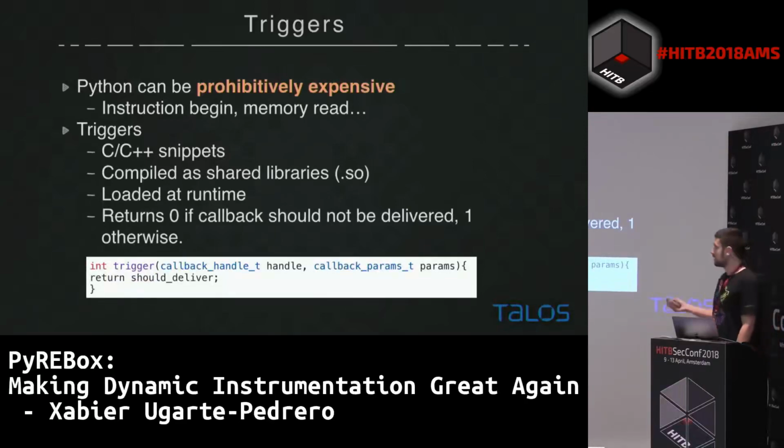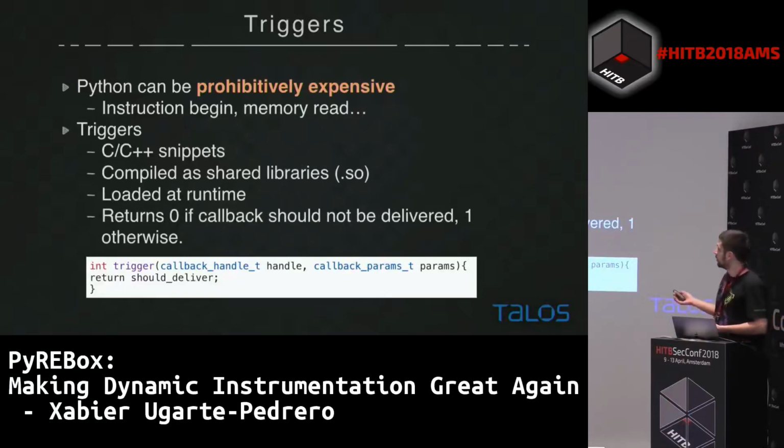Also, as I said before, Python can sometimes be prohibitively expensive, especially for very frequent events like instruction begin or memory read. This is not a problem of QEMU or PyREBox itself. It's because Python is slower than native code. And if we want to trace every single instruction running on a system in Python, it's prohibitively expensive, obviously.